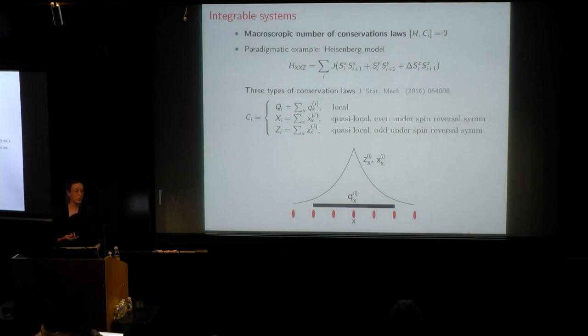So these integrable models can be pretty rich. In the Heisenberg model, we have, for example, a family of local conservation laws, which means that they are a translation invariant sum of local operators, or two more exotic families with quasi-local operators that have exponentially decaying weights. We'll get back to this model later.